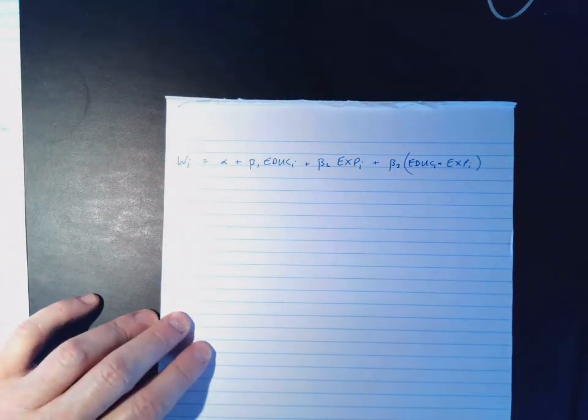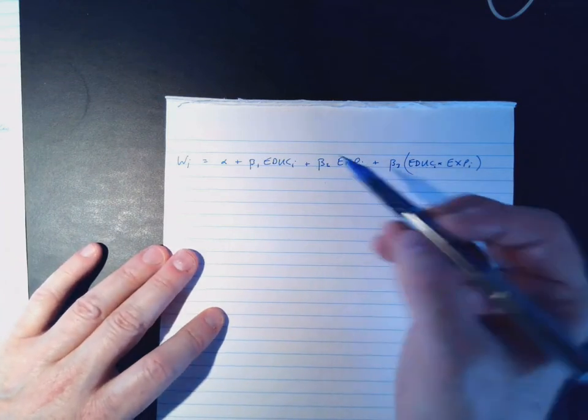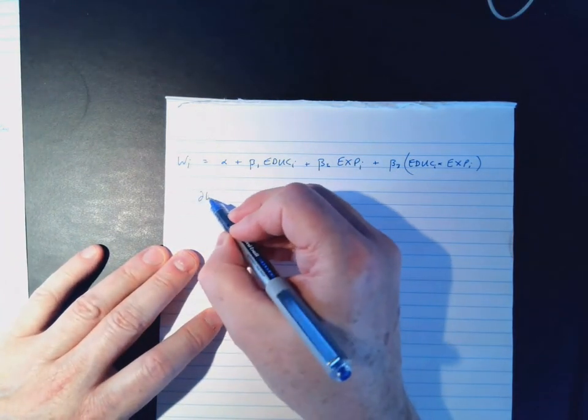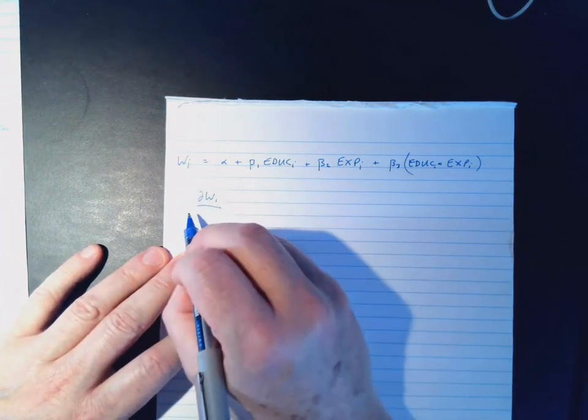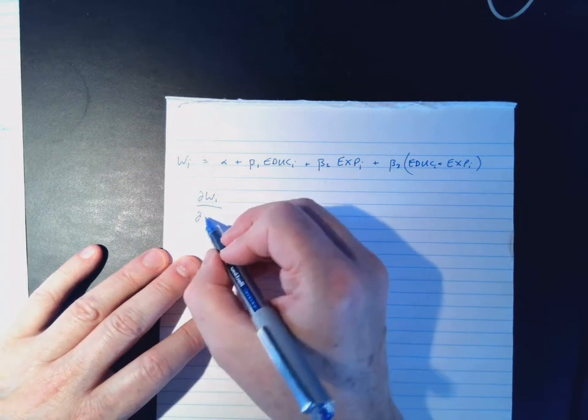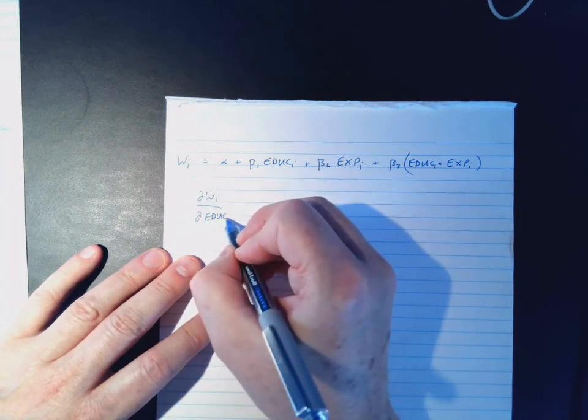So what does beta 3 measure in this case? Well, we'll figure that out by taking the derivative, with respect to education.